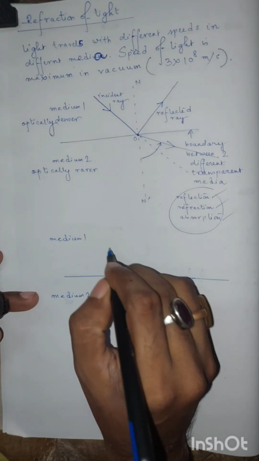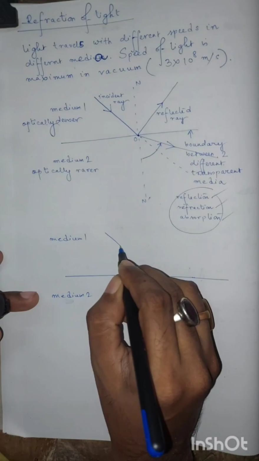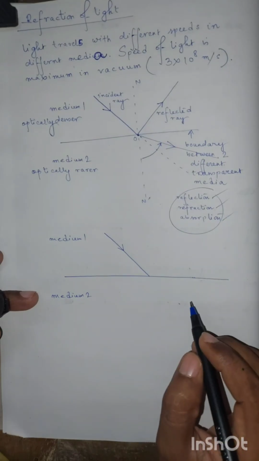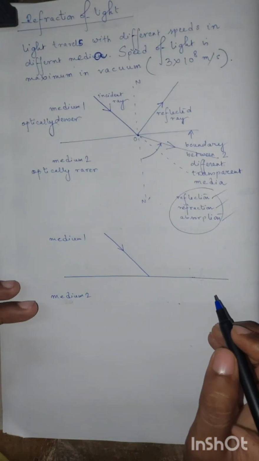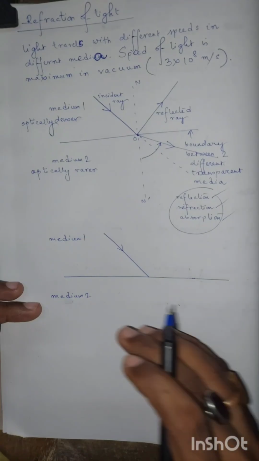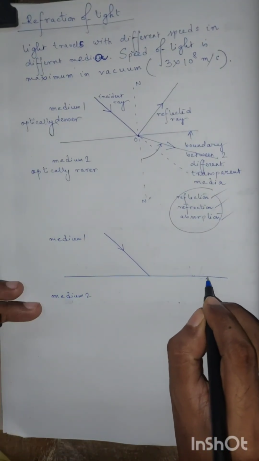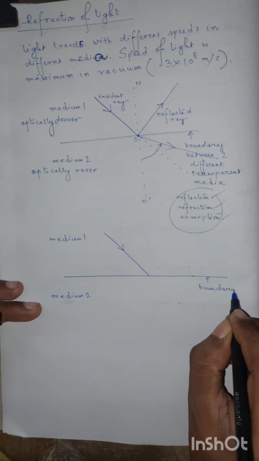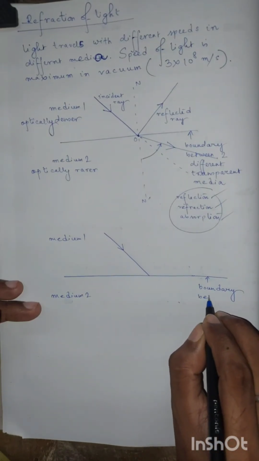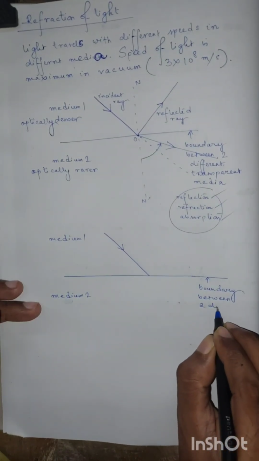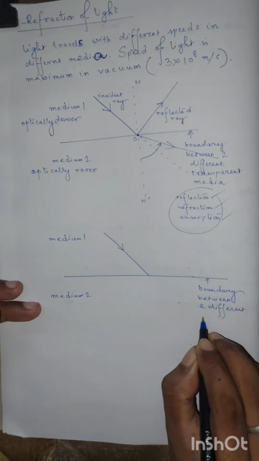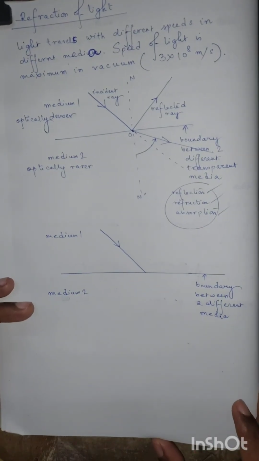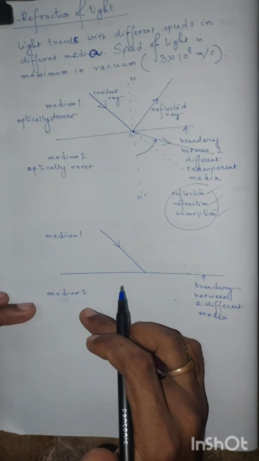A light ray passing through a transparent medium obliquely strikes the boundary of another medium. So this is our medium 1, this is our medium 2.